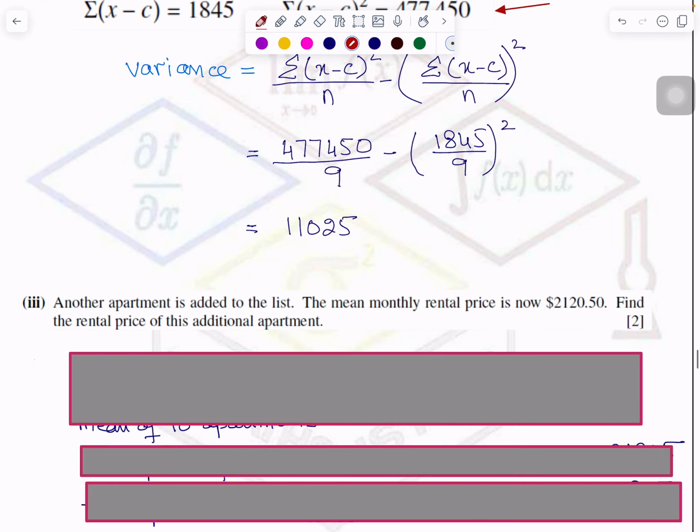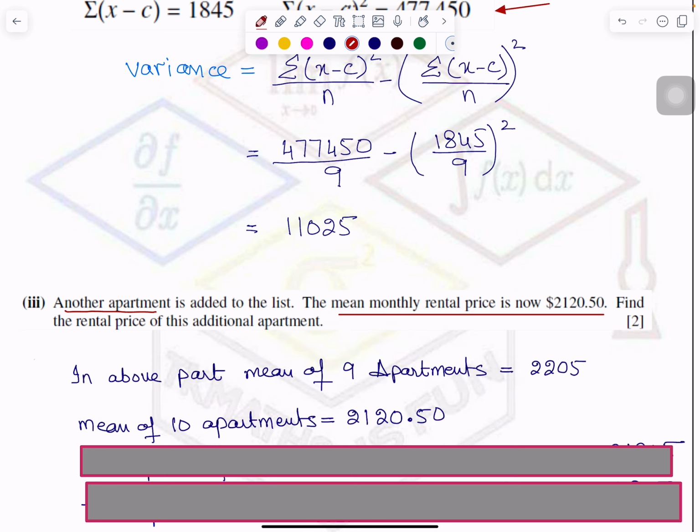Now another apartment is added to the list. In the earlier one, there were 9 apartments, right? And the mean monthly rent for now 10 apartments, because another one is added, is 2,120.5. You have to find the rental price of the added apartment. So what is given to you here? The mean of 9 apartments is 2,205 and the mean of 10 apartments is this.